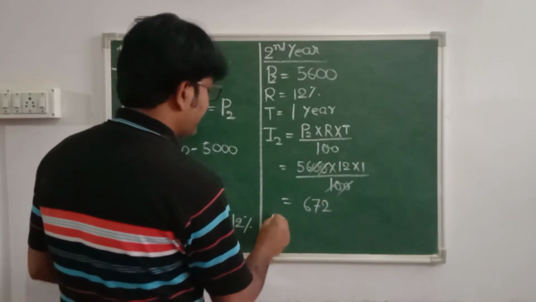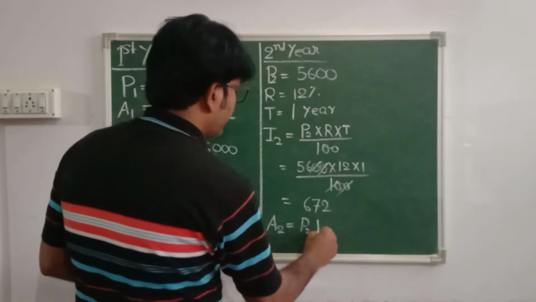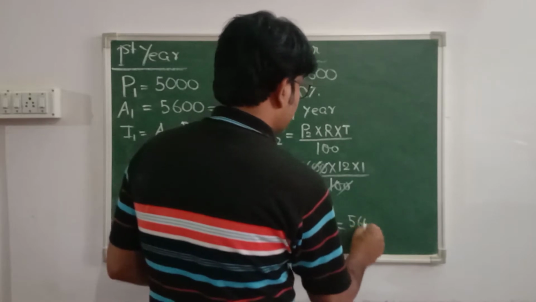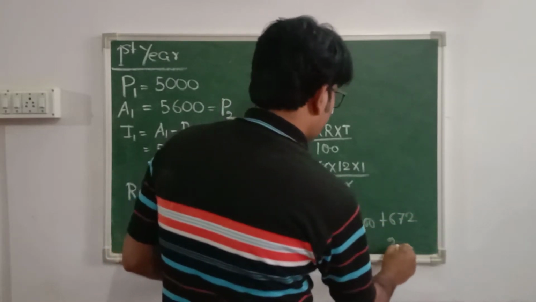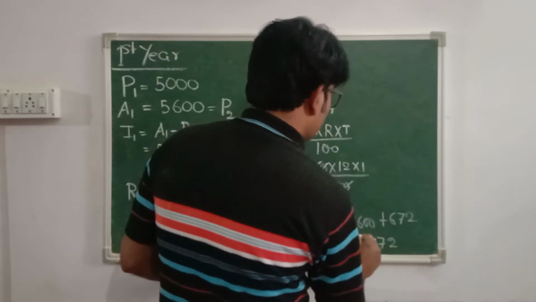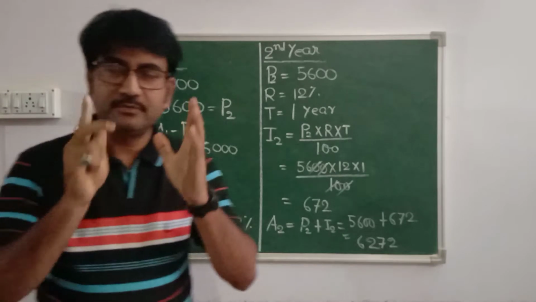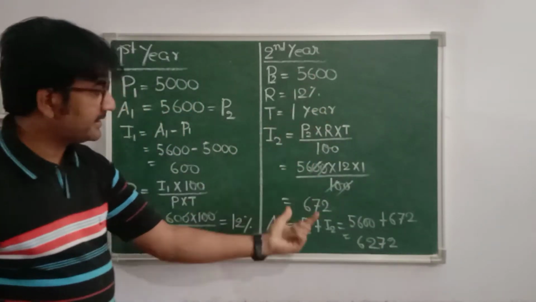So now finally you have to find the amount. So it is P2 plus I2, and P2 is 5,600 plus 672. So it's coming to 6,272. So the amount after 2 years is 6,272, and interest for the second year is 672.